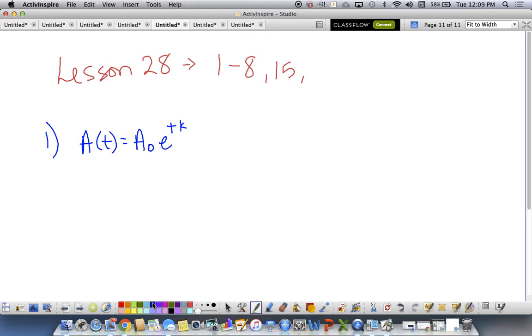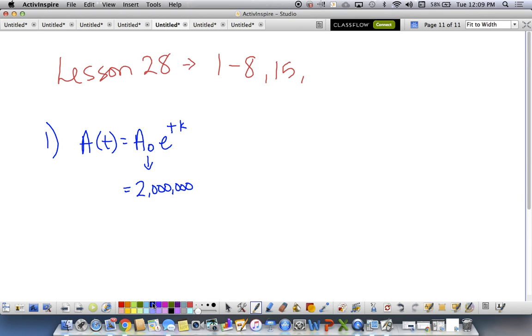So what's our initial amount? Initial amount will be 2 million. And it took 13. We're plugging in the amount at time 13. That's what this is asking.